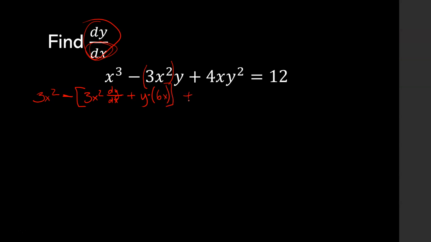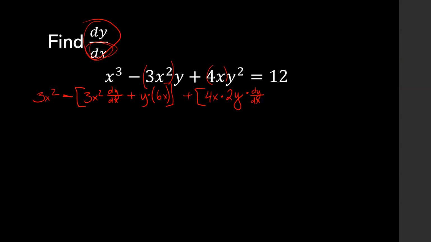Okay, now we move on, and yay, another product rule. So I'll again group 4x and then y squared. You could actually put the 4 out front of the brackets and distribute later. I'm not going to. The derivative of a product of two functions is the first function times the derivative of the second function. Ooh, chain rule here. The derivative of something squared is 2 times that something times the derivative of that input.